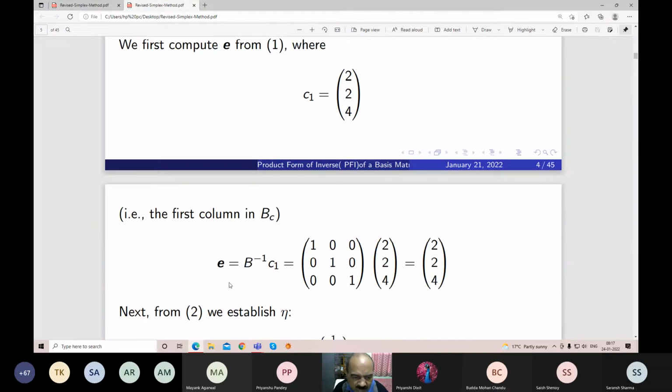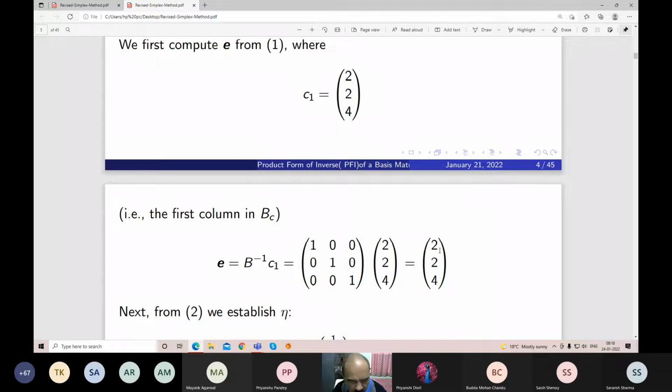First E. What is E? E equal to B inverse into C1. Even if you do not multiply B inverse from the left, it is the same C1. But technically we are going to use some recursive computation. Always multiply the inverse obtained earlier. Presently B inverse is the identity matrix 1 0 0, 0 1 0, 0 0 1, and multiplying with 2 2 4, we find the same column vector 2 2 4.